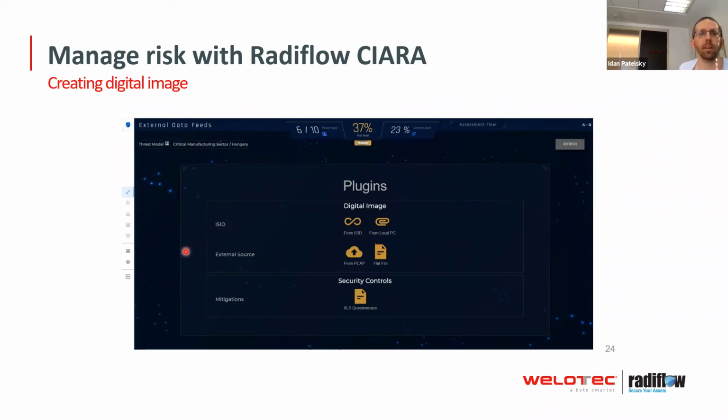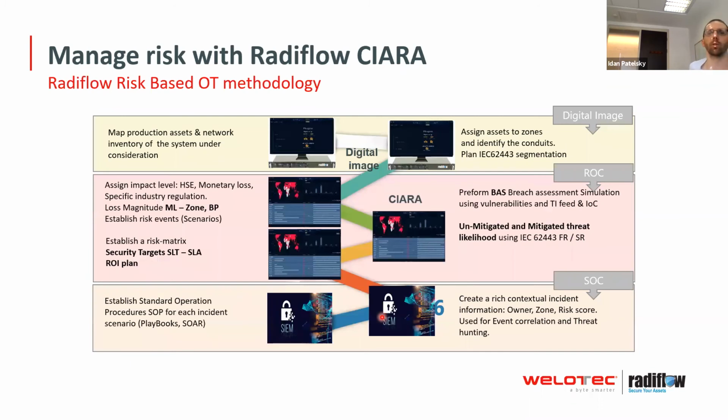have ISID, you can still build the digital image by simply uploading a pickup or creating a flat file, meaning an Excel spreadsheet with the detailed data on the assets and different processes within the substation. So if we go back to our model, which we discussed previously, the first two steps of really mapping the assets and the zones and business process are covered by the digital image.